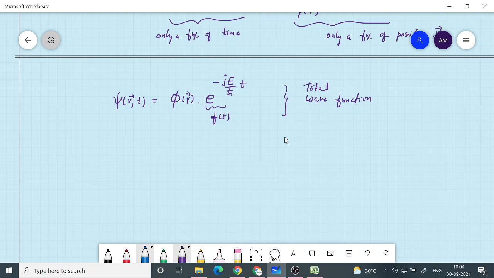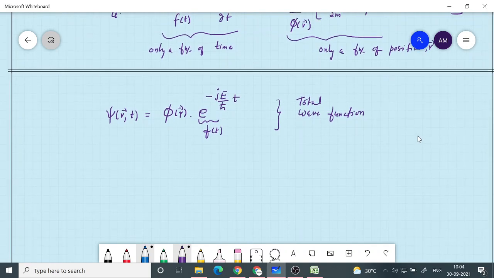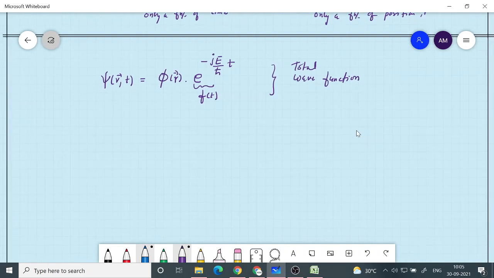Now whenever we solve this eigenvalue problem, usually it is not just one solution, there will be multiple solutions. Each solution will have a particular E and a particular phi of r, which you can represent as E1, E2, E3 and phi 1, phi 2, phi 3, etc. So that is usually the case.